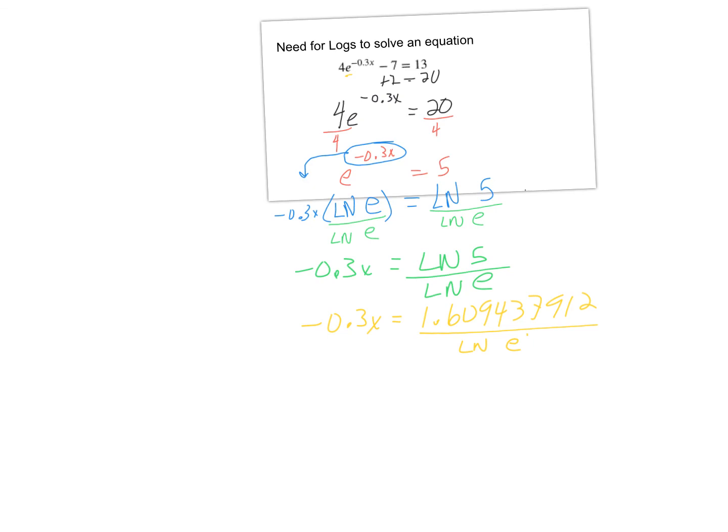So now divide by natural log of e raised to the first power. But again, divided by this, you know it's 1, so you're going to have negative 0.3x is equal to 1.609437912 and some change.